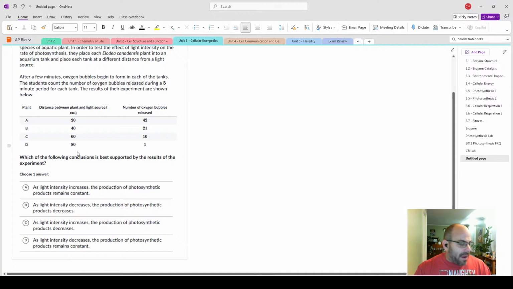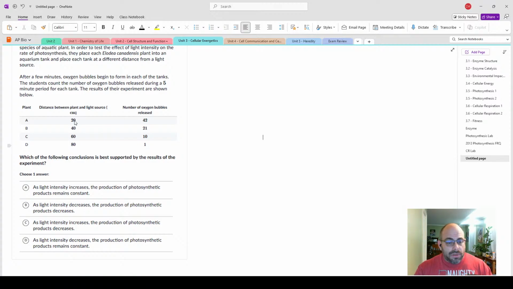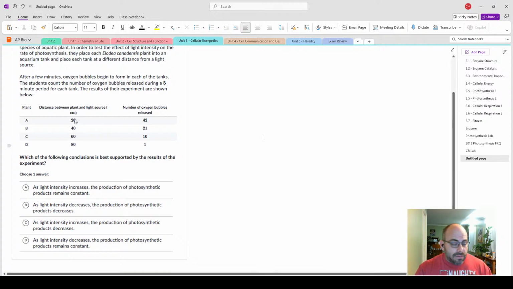And you might get it backwards. But in fact, the smaller the number is, the shorter the distance between the light and the plant, which is going to be a more intense light, right? And so this is exactly what you'd think you'd see here. As the light is a shorter distance from the plant, there are more bubbles being released, which represents more photosynthesis, right? Because more oxygen is being produced.